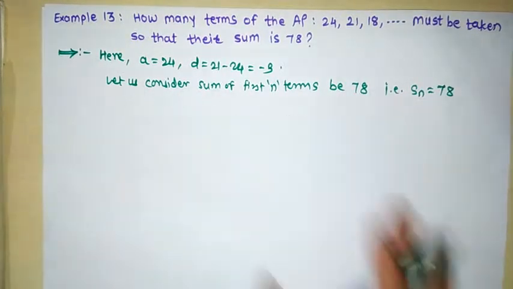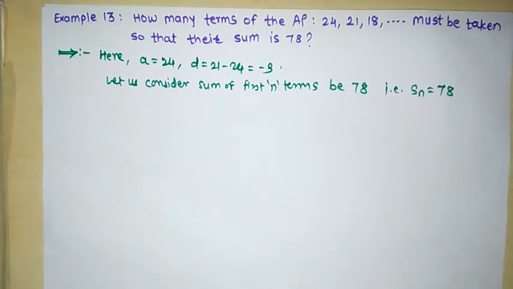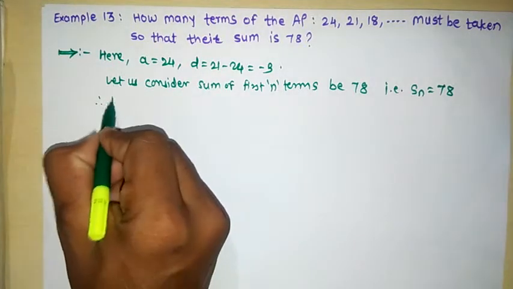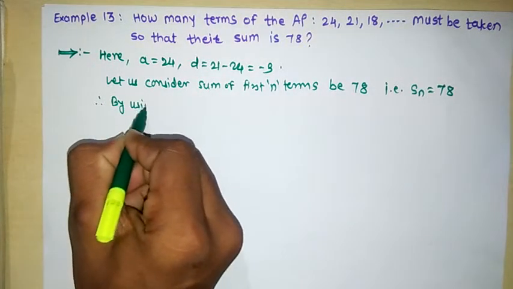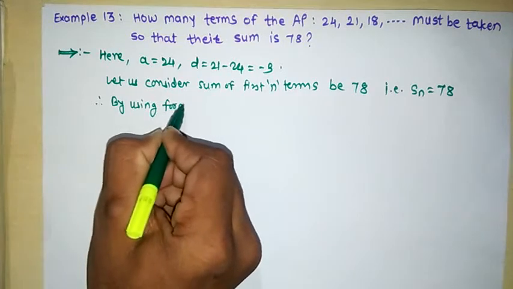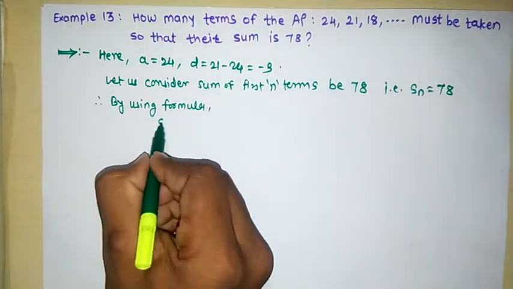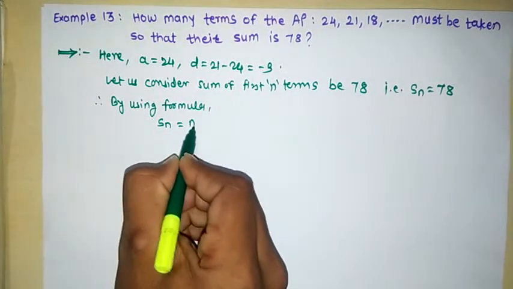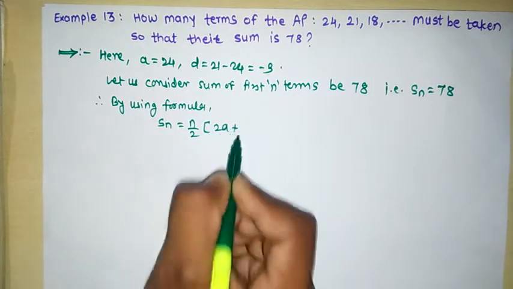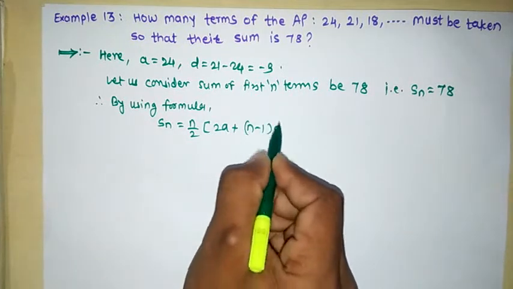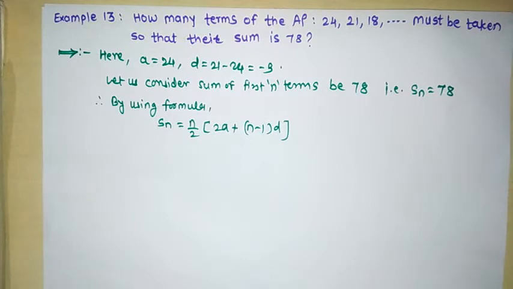We assume that the sum of the first n terms is 78. Therefore by using the formula of sum of n terms, that is Sn is equal to n by 2 into 2a plus n minus 1 into d, we can find it here.